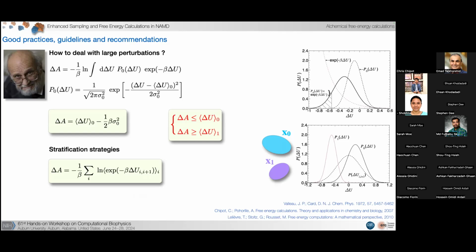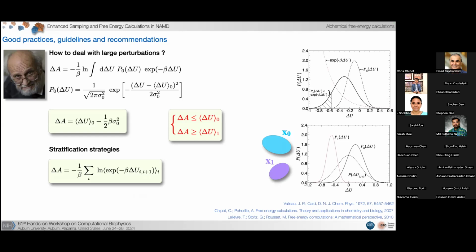So how do I remedy this? Well, John Valleau, I stratify, I stage my simulation, I stage my transformation, and I introduce intermediate states so that my ensemble, my configurational ensemble nicely overlap.